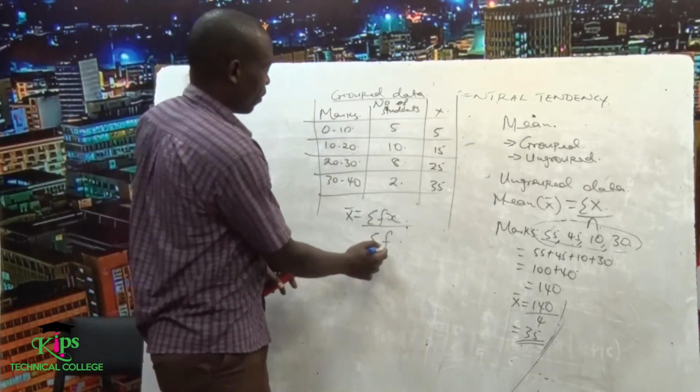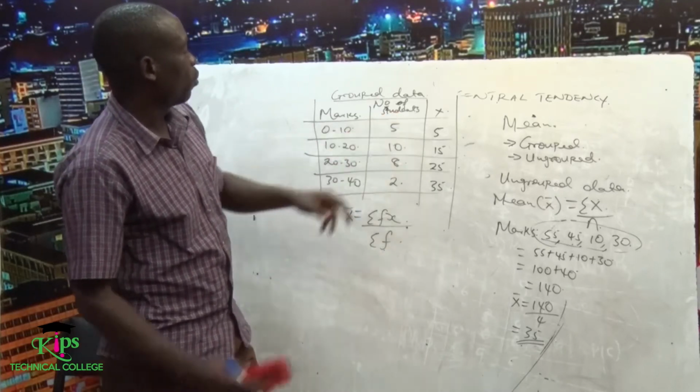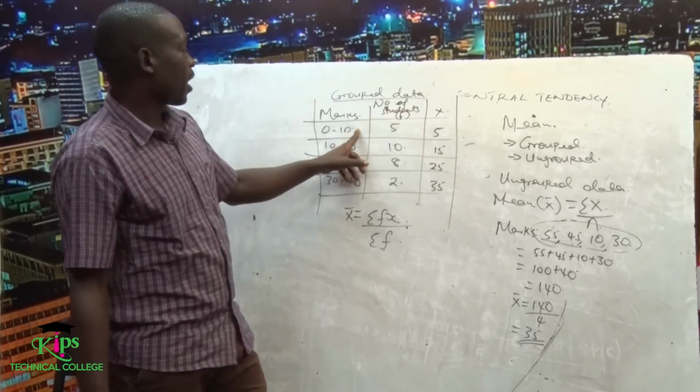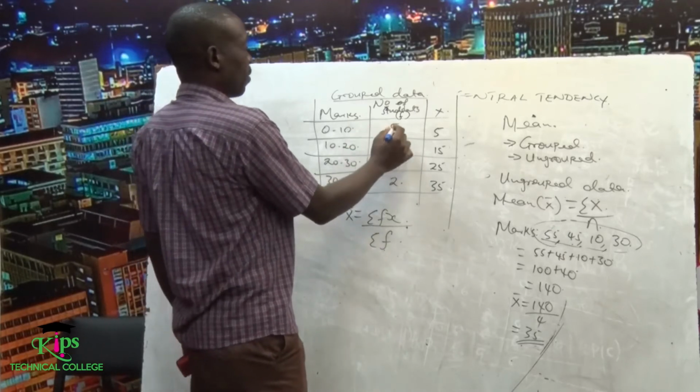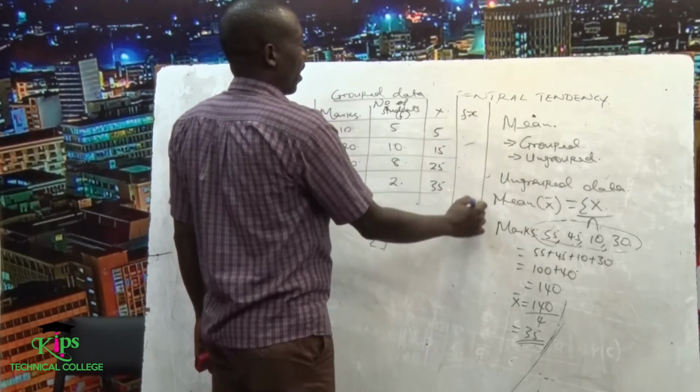And frequency is the number of observations in each and every class. So the number of students here is the frequency for each class. What we need to do here is multiply the frequency times x, so that we can get fx.